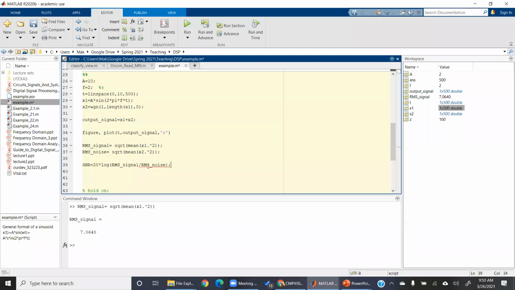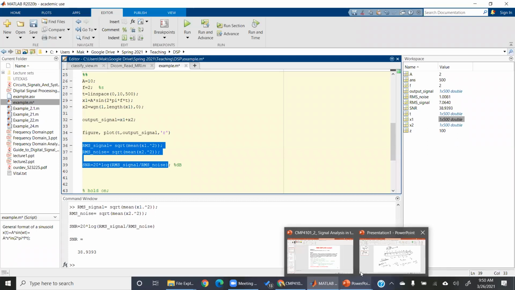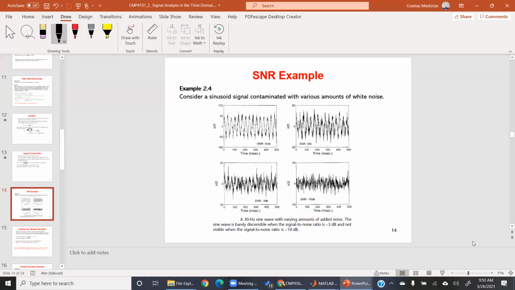And there we go. The answer is going to be in dB. So if I run this, let's see what we get. 38 dB, which is really good. It means we have noise, but it's not degrading our signal so much.